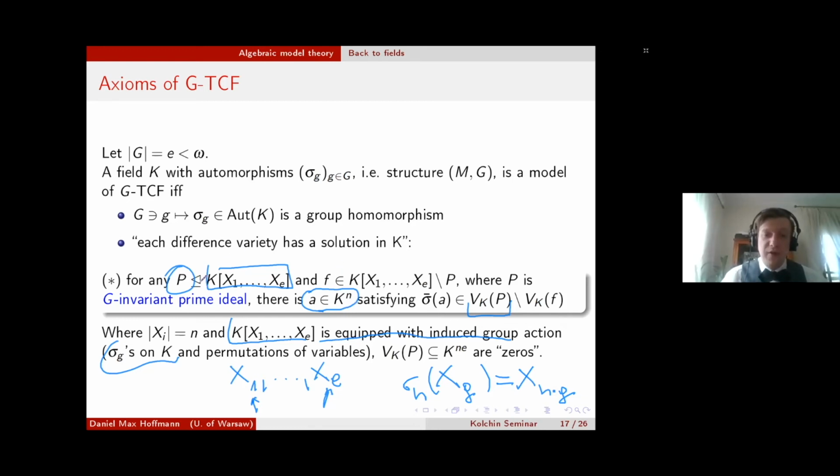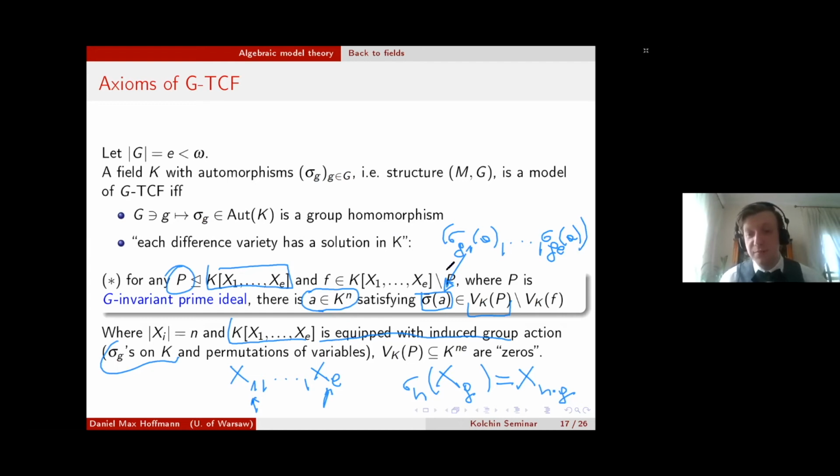So you would like to find a solution, a zero of all these polynomials in the ideal P. If you have an element A, you need to assign a tuple, sigma_{J1} of A up to sigma_{Je} of A, a tuple corresponding to these extra variables x1 to xe.